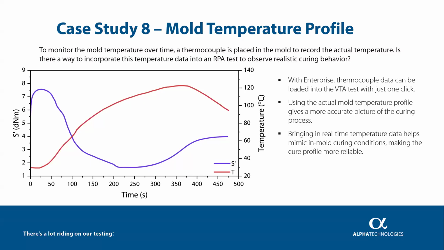By using this actual mold profile, we were able to generate a much more realistic and reliable cure curve, as shown in here. And this approach provided a more accurate picture of the curing process and helped bridge the gap between the lab testing and in-mold performance. Bringing in real temperature data helped mimic true production conditions, making the RPA data much more relevant and actionable.